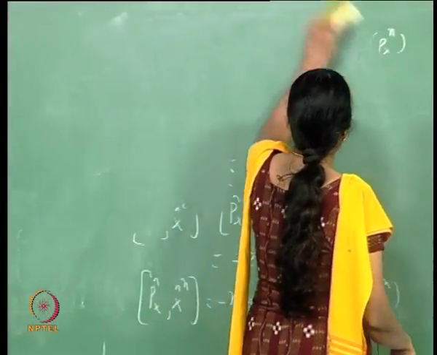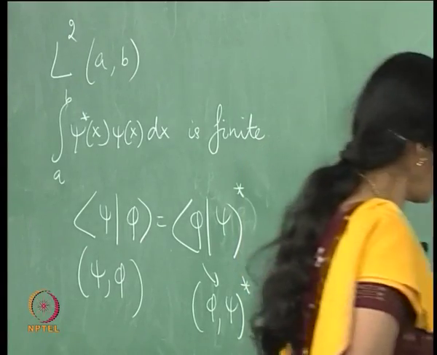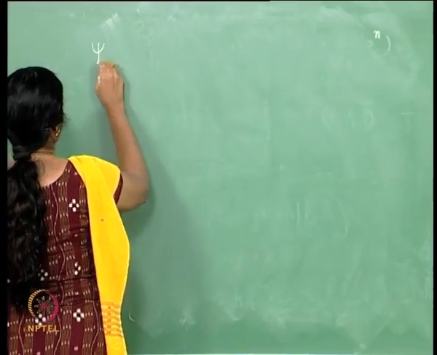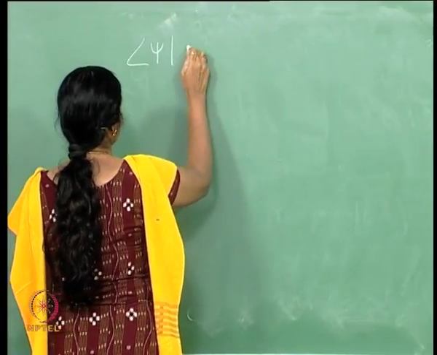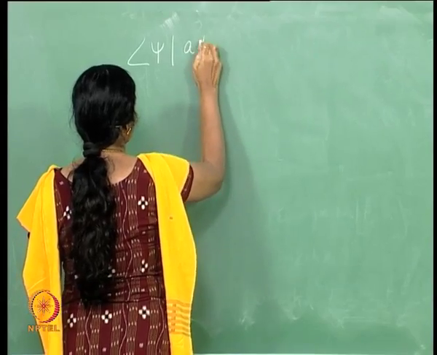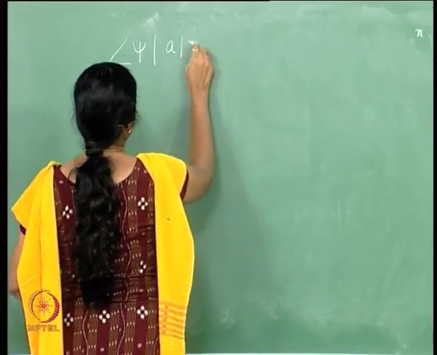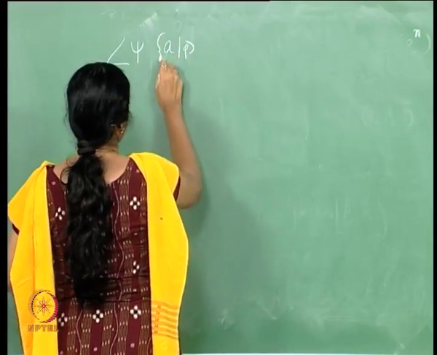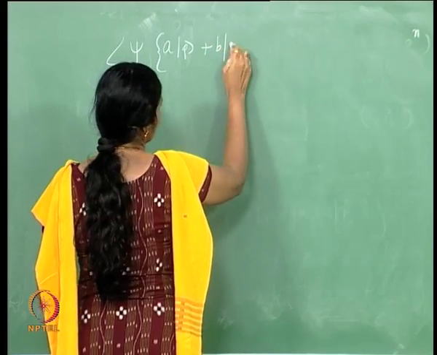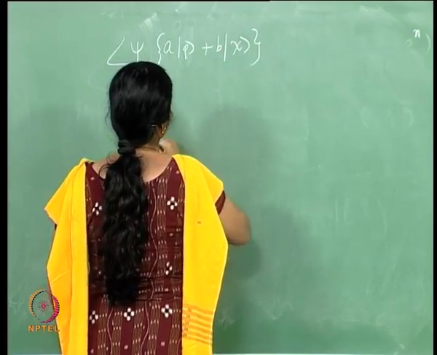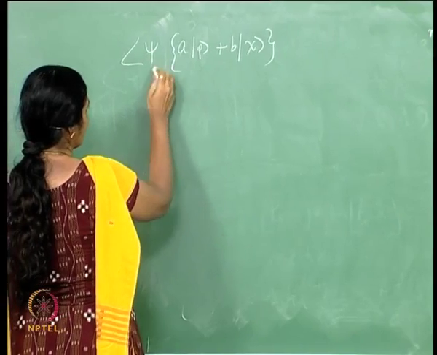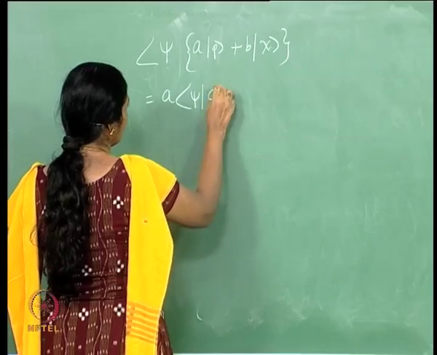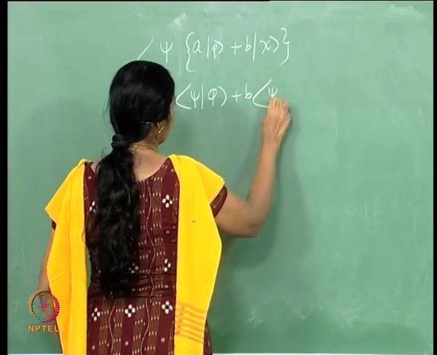Further, the following properties hold for an inner product. The inner product of psi with a phi plus b chi, where phi and chi and psi are states, is a psi phi plus b psi chi.